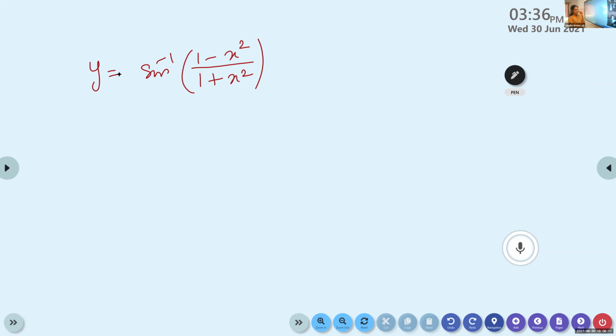Which is the identity? In sine, are you having any identity? No. In cos, is it there? Yes. 1 minus tan square theta by 1 plus tan square theta is cos 2 theta. But how can you convert it in terms of sine?